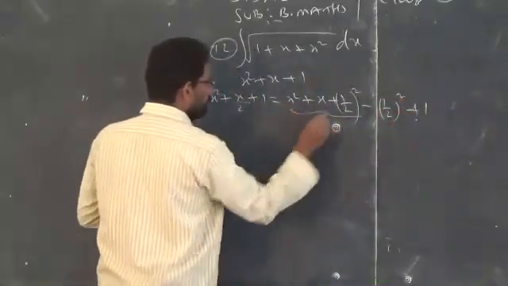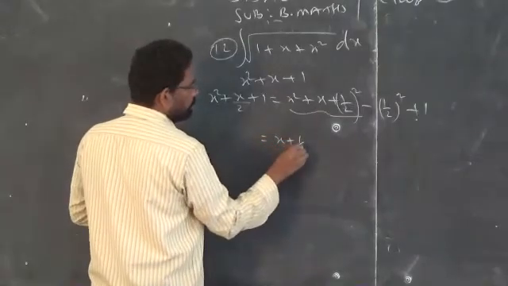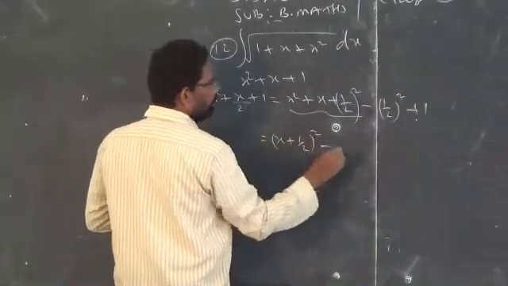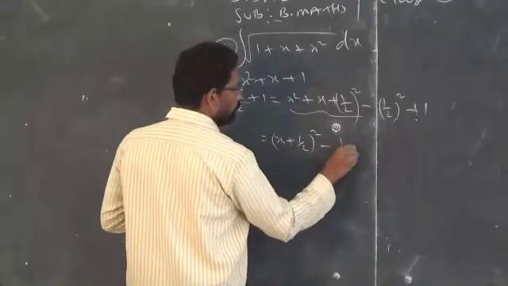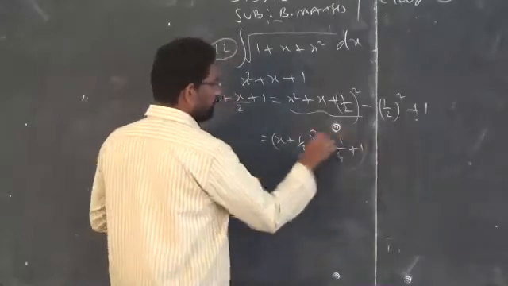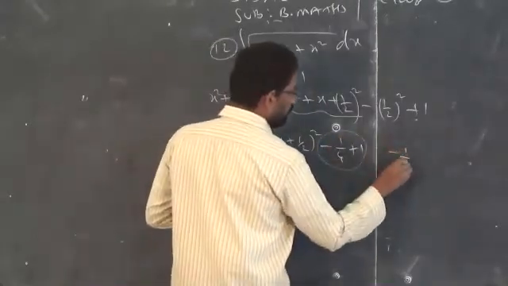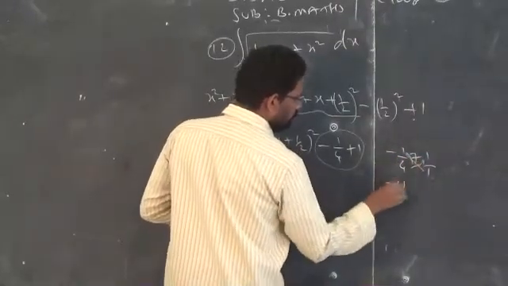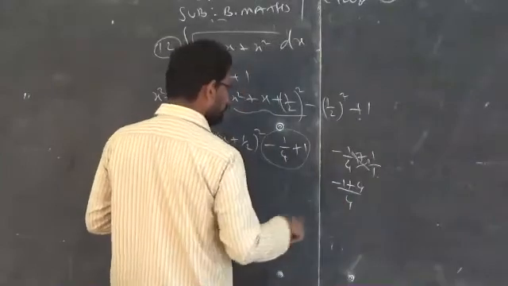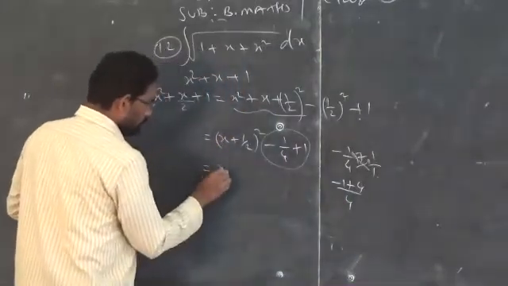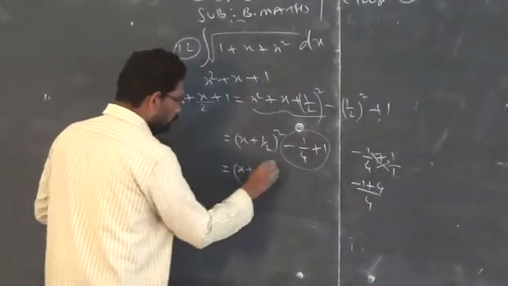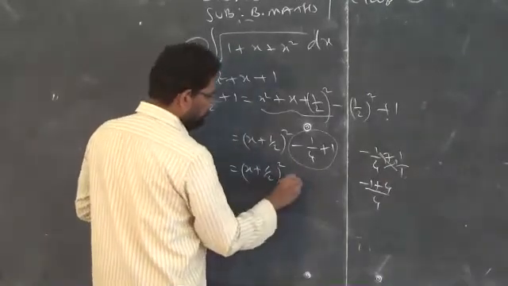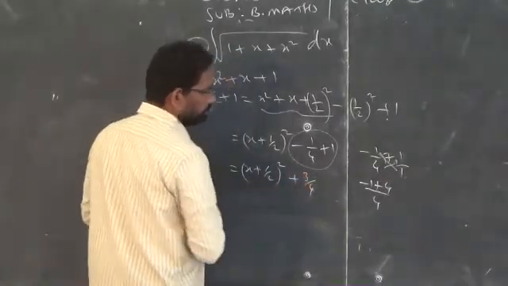So now this will become (a plus b) the whole square minus 1 by 4 plus 1. You simplify this part alone by taking LCM or cross multiplication. Minus 1 plus 4 by 4, which will give you 3 by 4. So x plus 1 by 2 the whole square plus 3 by 4. Clear?